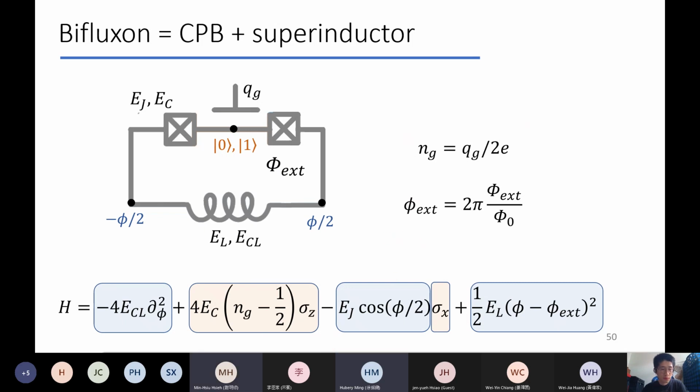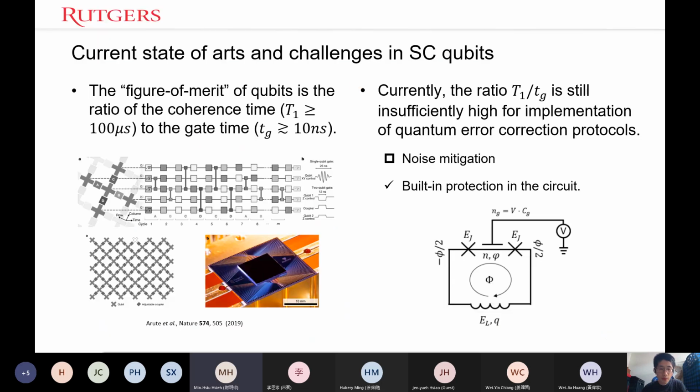So I actually have a more general question. You mentioned that the current state-of-the-art gate time is around 10 nanoseconds, and the T1 time is around 100 microseconds. Is there a limit that you think the industry can push the superconducting hardware platform to?